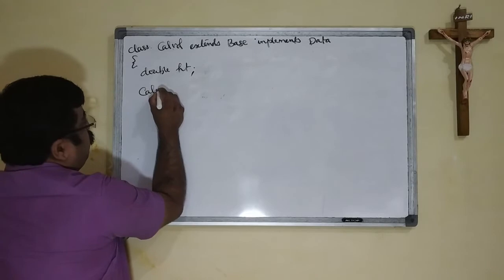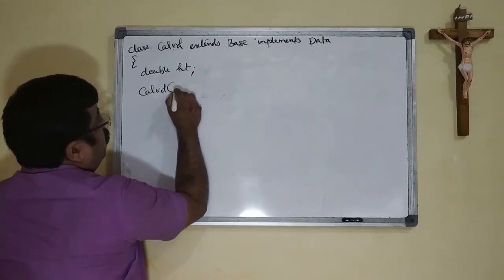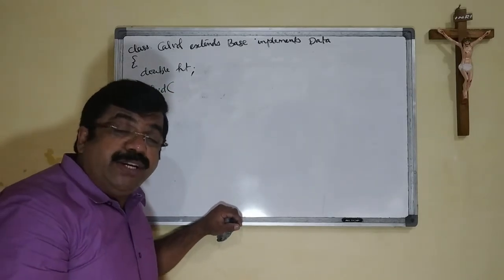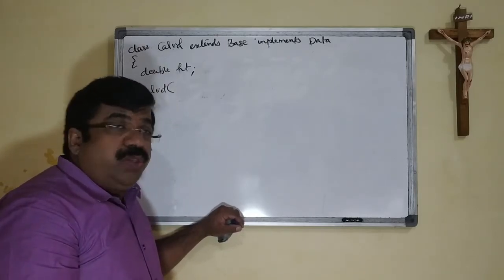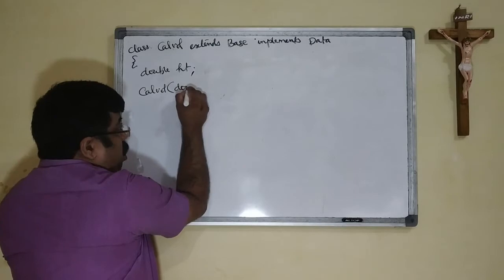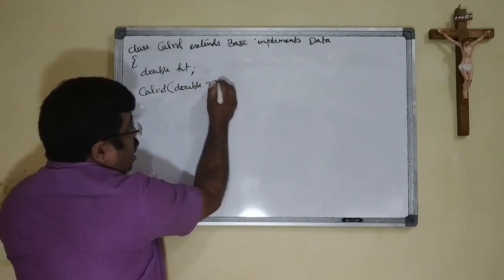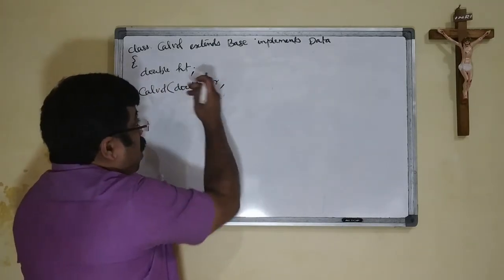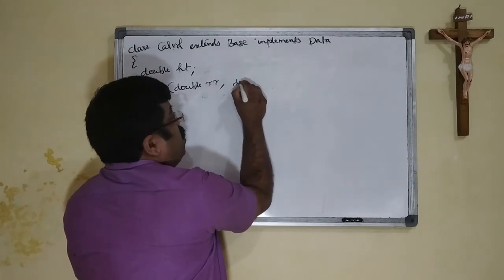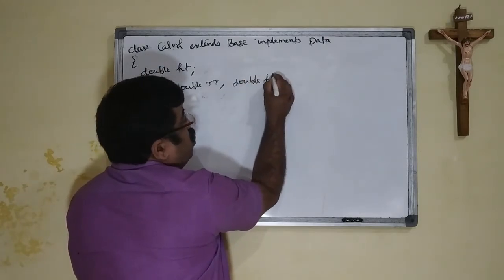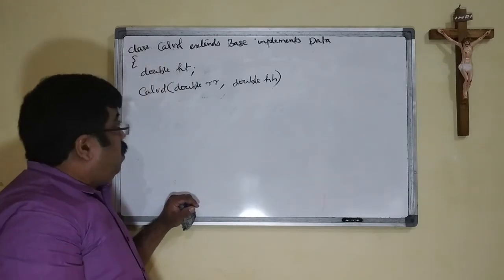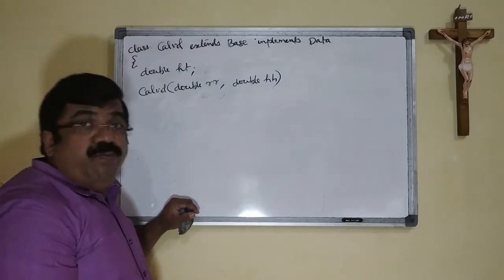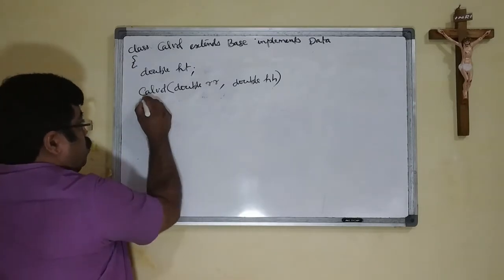CalVol receives all the data members which are required for the base class also. Then we are giving double RR for the radius and for the height I am giving double HH. Out of this, the radius should be passed to the base class.